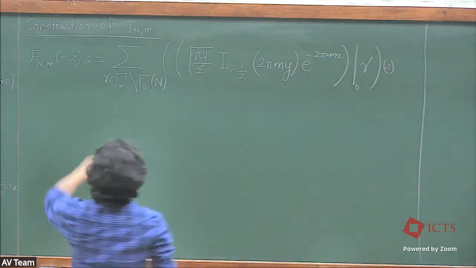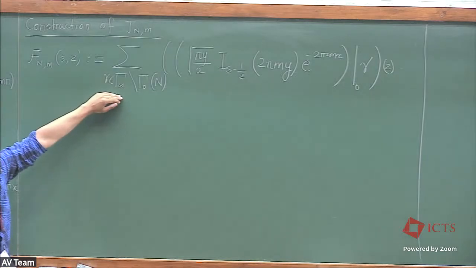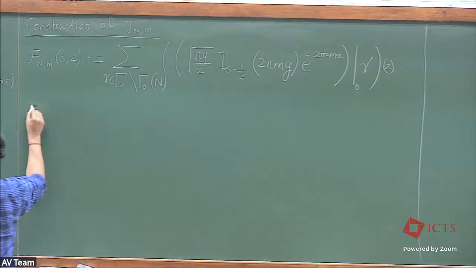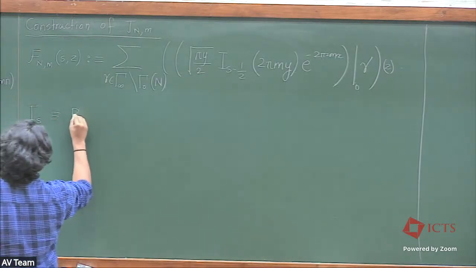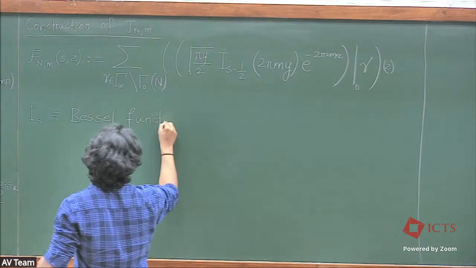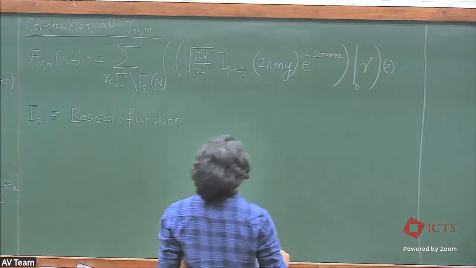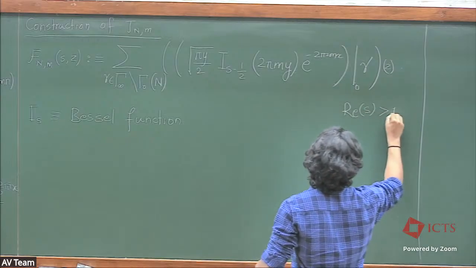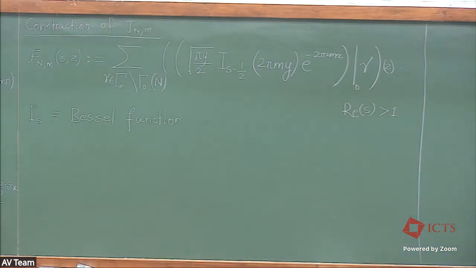Gamma infinity is basically the stabilizer group of the cusp infinity, and I_s is the Bessel function. This series converges in the region real part of s greater than 1.